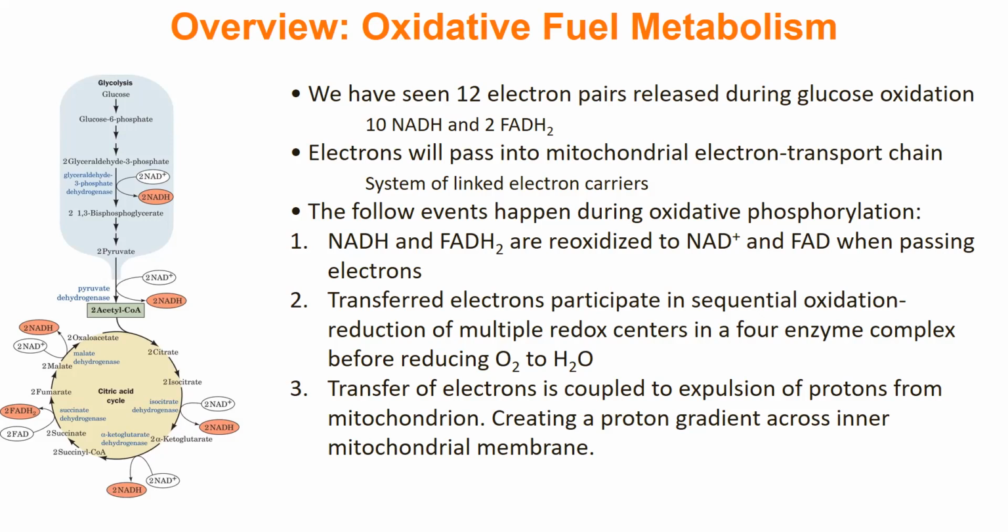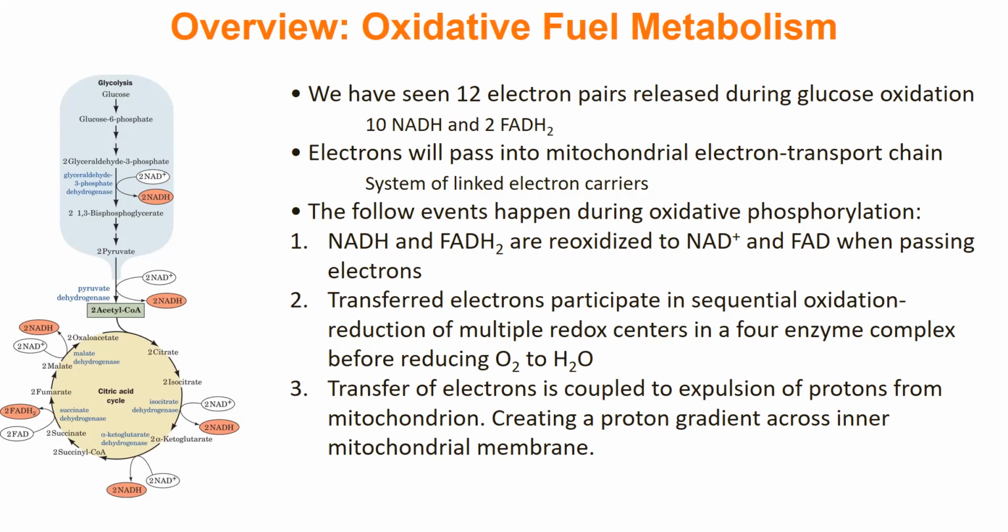You keep passing it to something that wants it more and more, with your final electron acceptor being oxygen, which we will convert into water. Every time we're passing these electrons downhill, that is, doing favorable reactions, we can do the unfavorable reaction of pumping protons against the gradient. This creates a proton differential, a pH gradient, across the inner mitochondrial membrane.